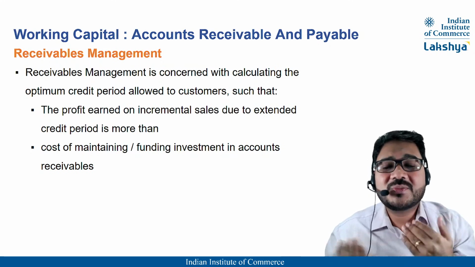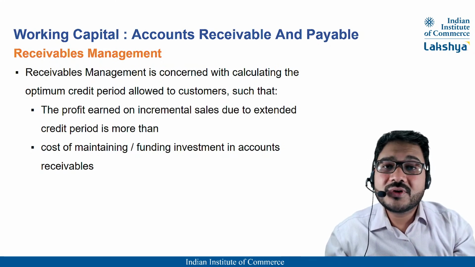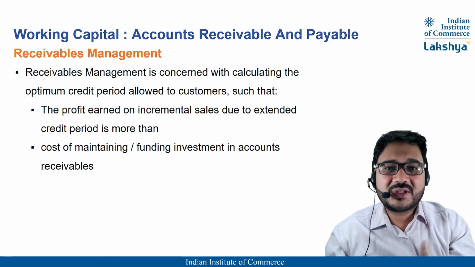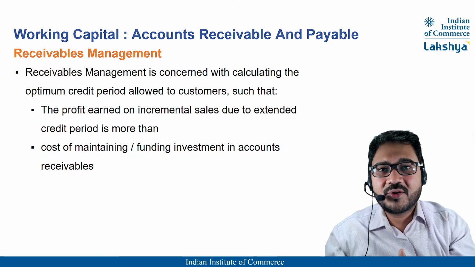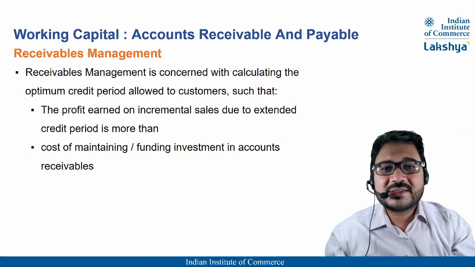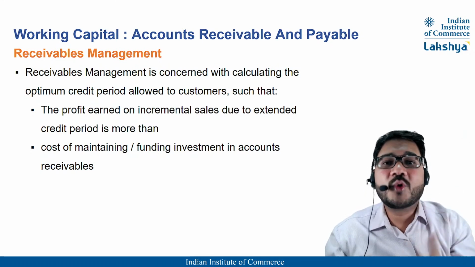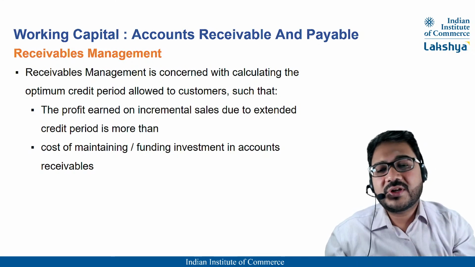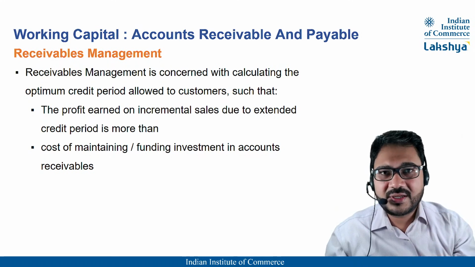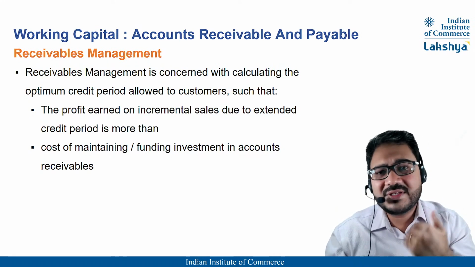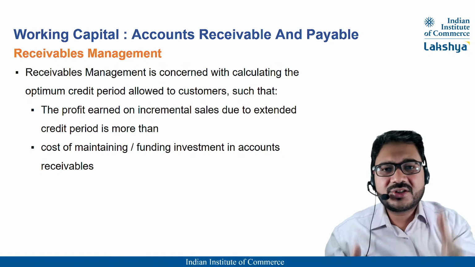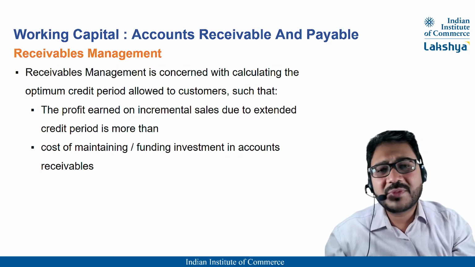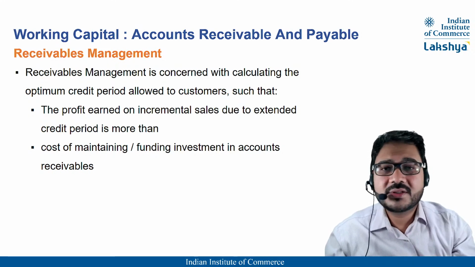It should be a cost-benefit analysis to figure out that we can sacrifice this much liquidity, but on sacrificing this liquidity, the benefits, that is, the profitability, are more. Say, for example, we sell t-shirts worth $1 million and we get this $1 million after 1 month.